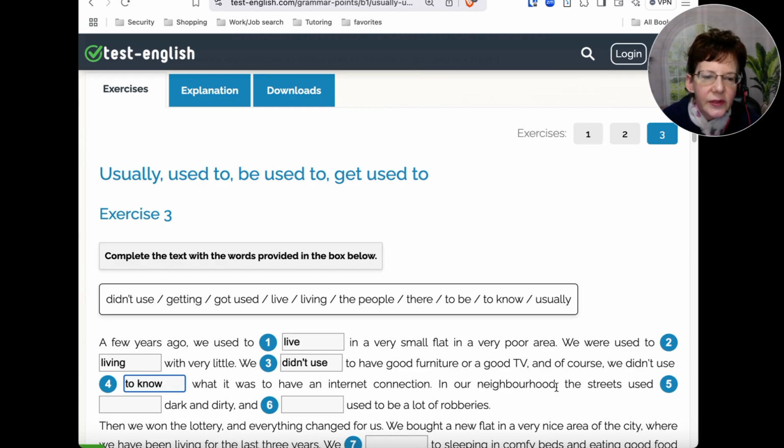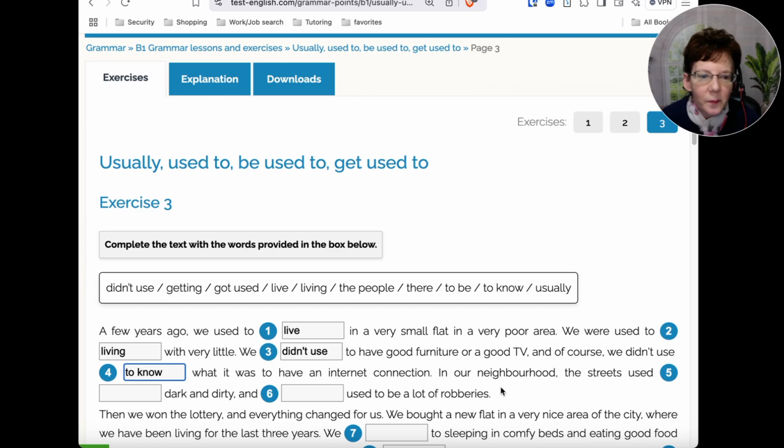In our neighborhood, the streets used, dark and dirty. And what used to be a lot of robberies. So, to be. The infinitive form, dark and dirty, and what used to be a lot of robberies.